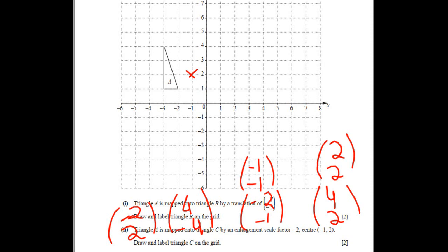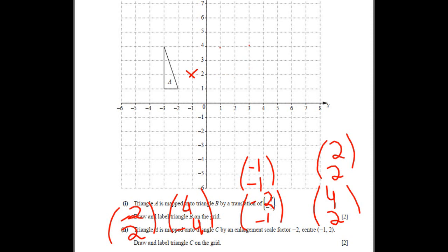Next we plot these column vectors, so we move in the direction of these column vectors. So first one is 2 2, from the center you move 2 right, 2 up, so this is the first point. Then from the center we move 4 right, 2 up, so 1 2 3 4 right and 2 up, so we land here.